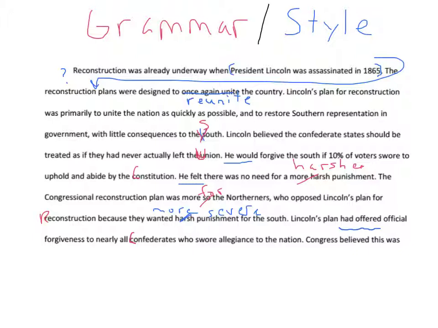If we want to talk about an action in the past that is just over and done with, then we should just use the simple regular past tense. So Lincoln's plan offered official forgiveness to nearly all Confederates who swore allegiance to the nation. If we don't really need that had in there, let's just use the regular past. Lincoln's plan offered.